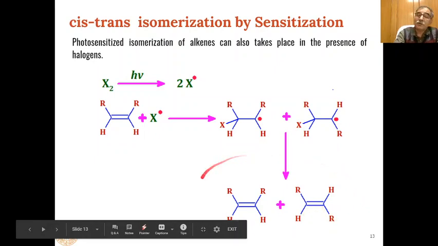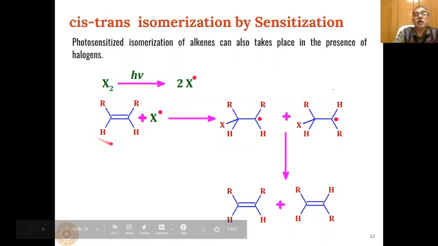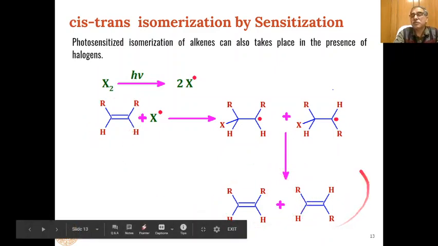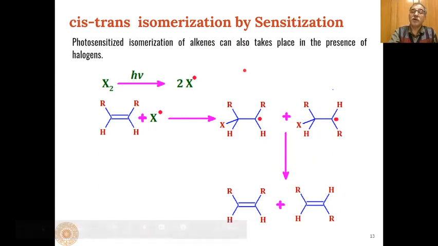So this is how either a cis or trans alkene can be converted into a mixture of cis and trans products through cis-trans isomerization by sensitization in the presence of halogens.